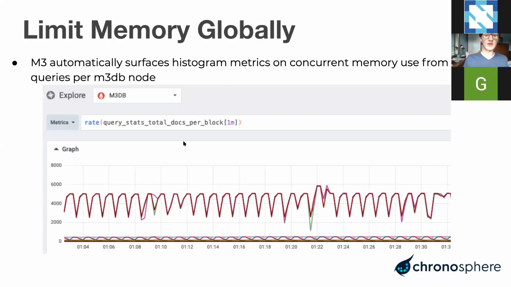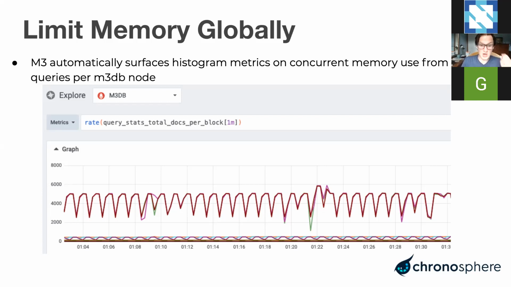So one limit that can be put in place to allow nodes to be protected against this spiky behavior is being able to put a cap on the concurrent memory that would result from all queries running in a given period of time on a node.